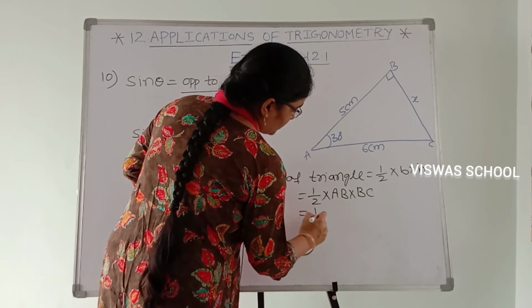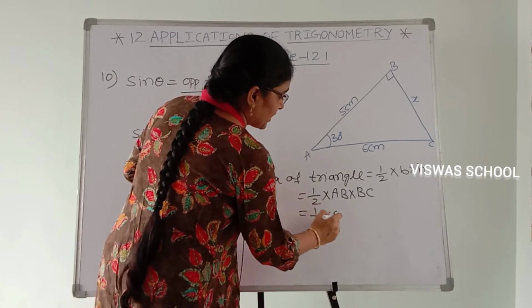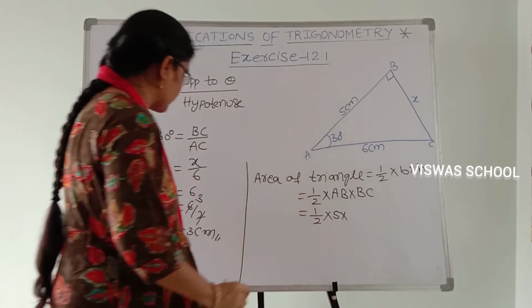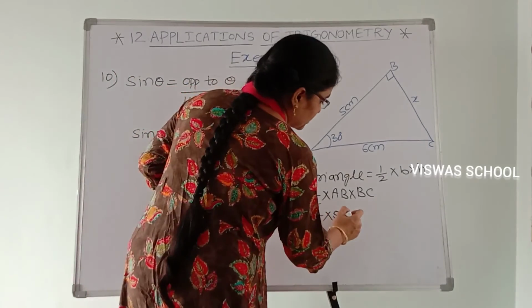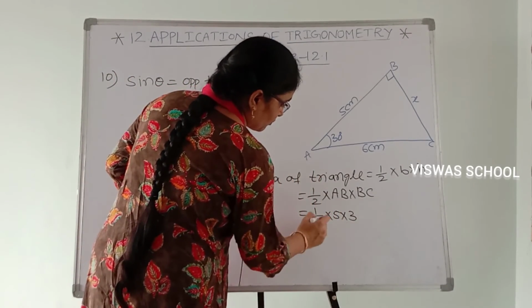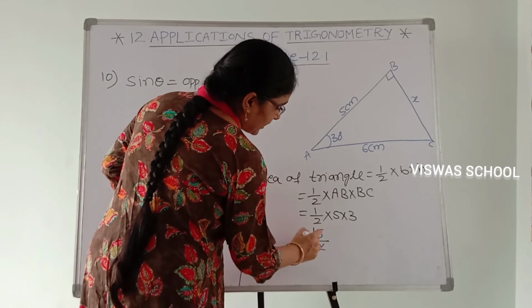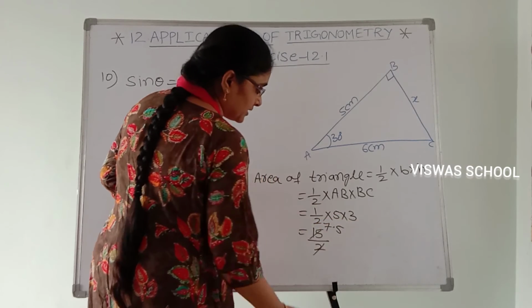Now half into AB. AB is 5, and BC is x. What is the x value here? It is 3 centimeters. That is 5 into 3, which is 15 by 2. Now 2 ones are 2 and 2 sevens are 14, point, 2 fives are 10.